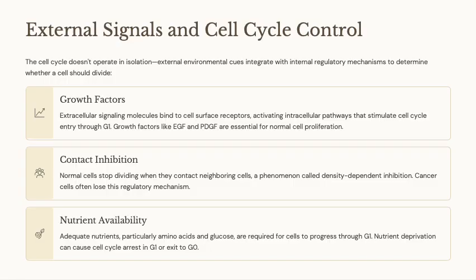Adequate levels of nutrients, particularly glucose and amino acids, are required for cells to progress through G1. When nutrients are limited, cells may arrest in G1 or exit the cell cycle and enter the G0 phase. Together, these external signals ensure that cells divide only under favorable conditions.